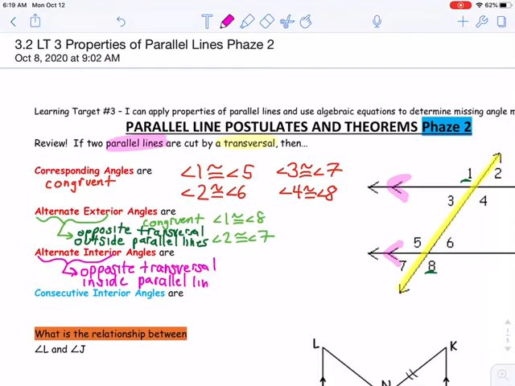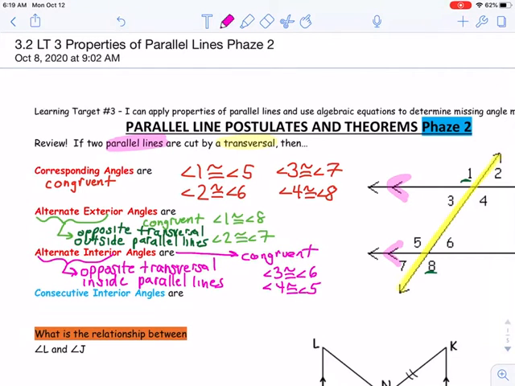Again, these words kind of self-describe the location. And then alternate interior angles, they again are congruent. The examples would be 3 is congruent to 6, 4 is congruent to 5.